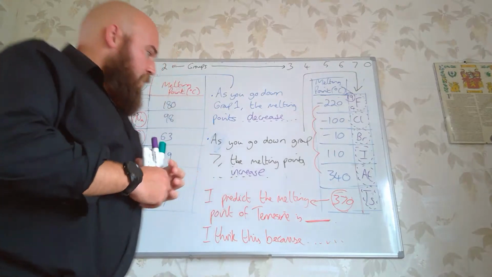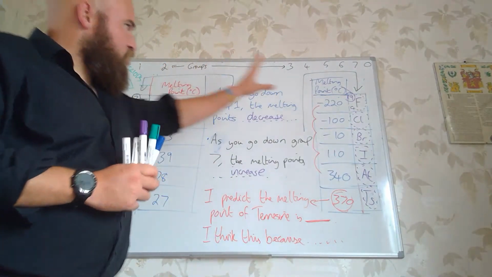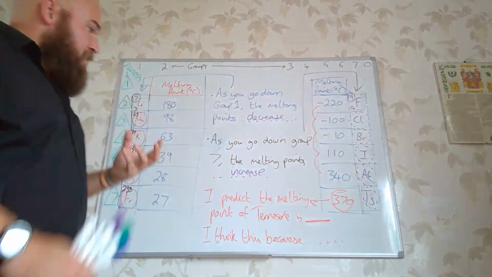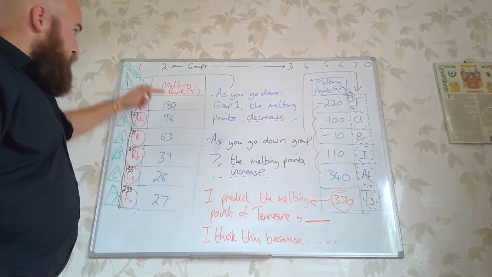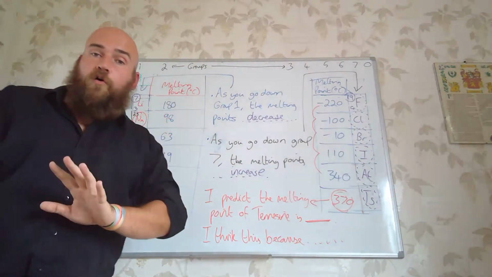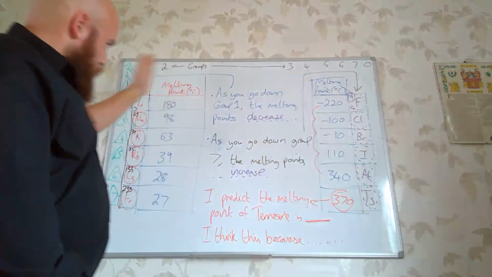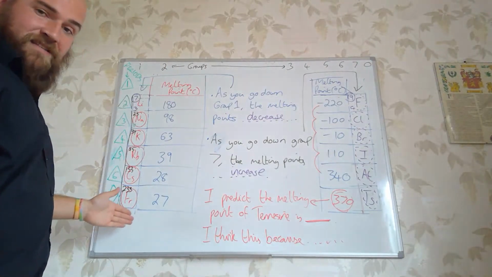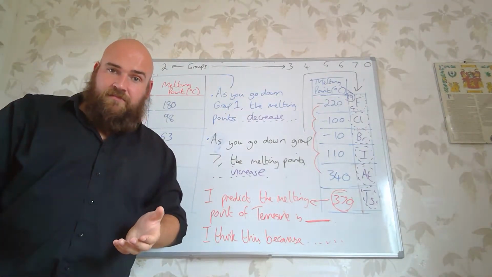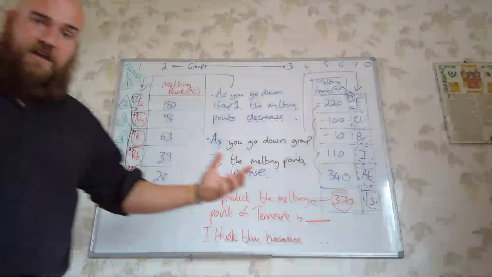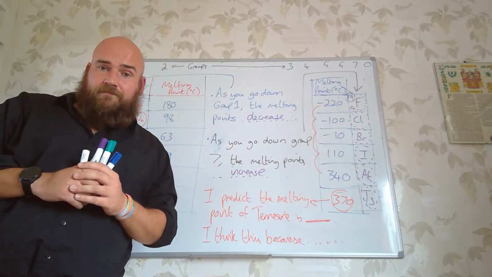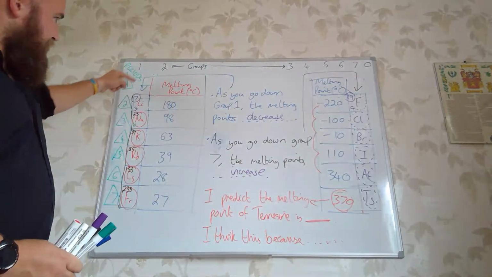All right. Now, what are the differences then between these 2 groups as a whole? There's really only one difference, is that group 1 are all metals. Think back to the line we drew last lesson. Group 1's over here, they are all metals. And metals, as they get heavier and heavier, their melting points go down. So we can apply the same to group 2.